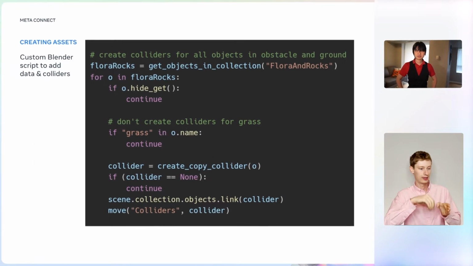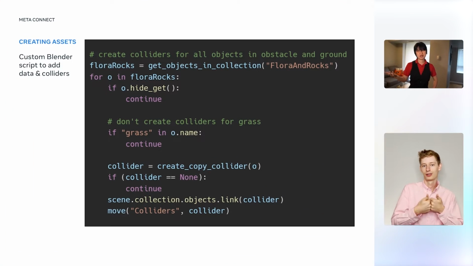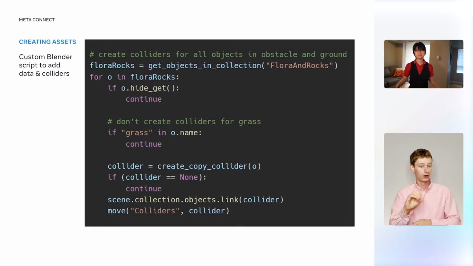So things like where ambient sounds would play, where to place props, which objects have colliders, they could all be defined from within Blender. We also used Blender scripting to generate some of those gameplay objects ahead of time. Shown here is a snippet of a script that we used to generate the colliders from the environment model.